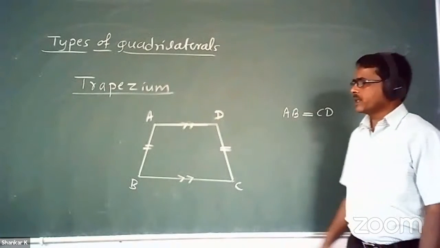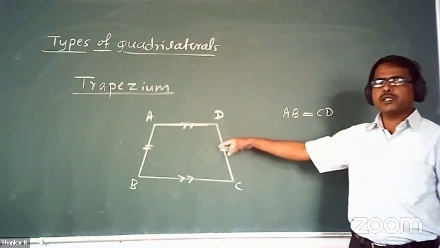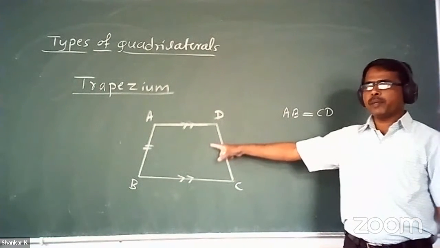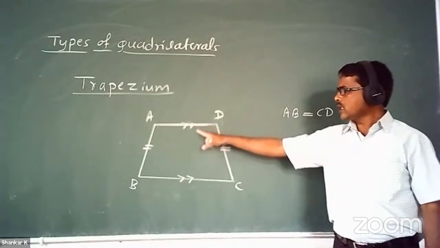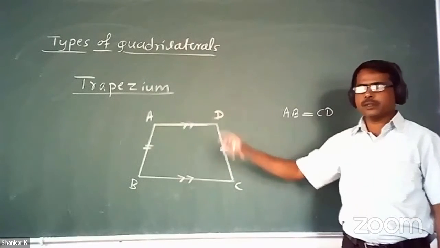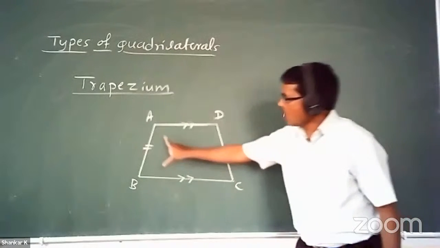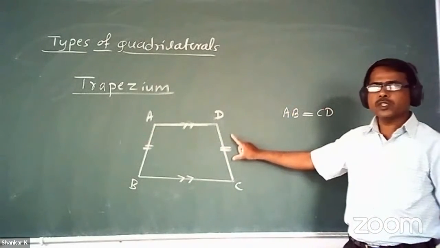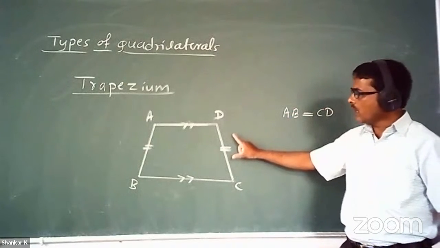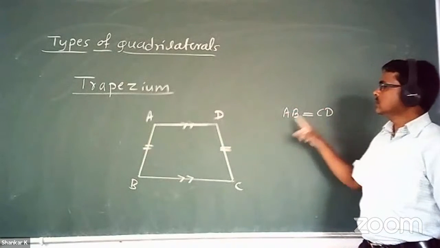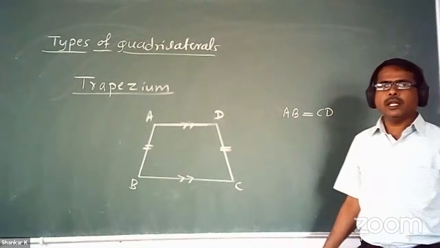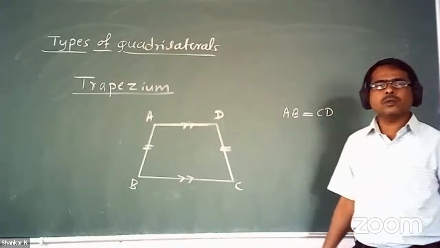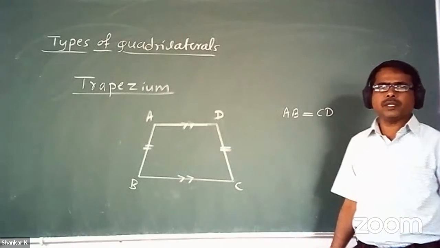First point, what is a trapezium? A quadrilateral in which a pair of opposite sides are parallel. AD is parallel to BC, so it is a trapezium. AB and CD are non-parallel sides. If their lengths are equal, then that trapezium is known as an isosceles trapezium.